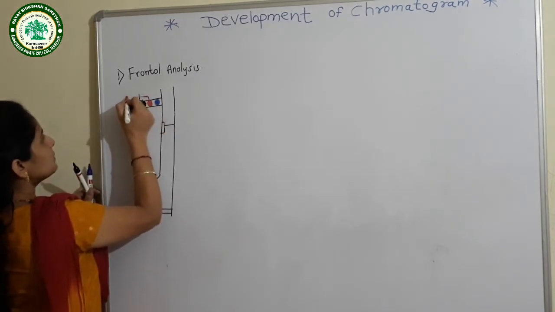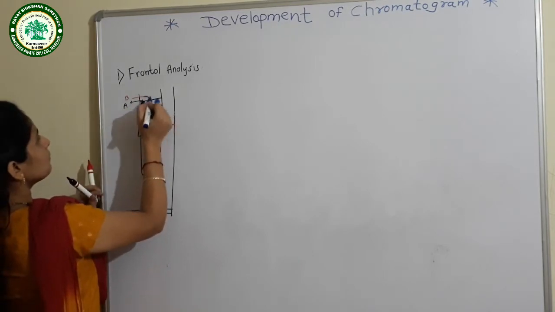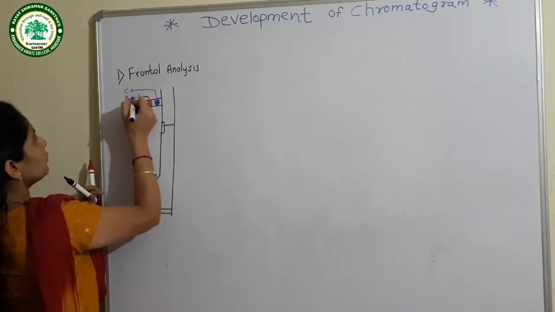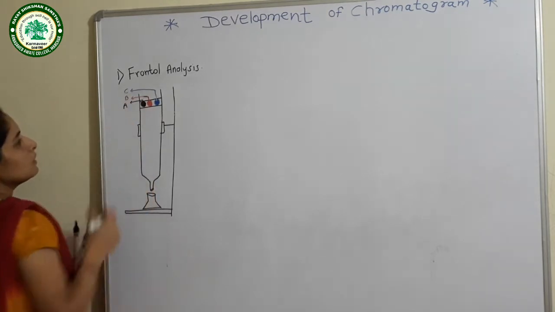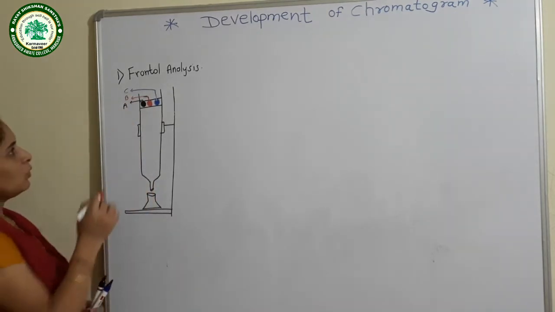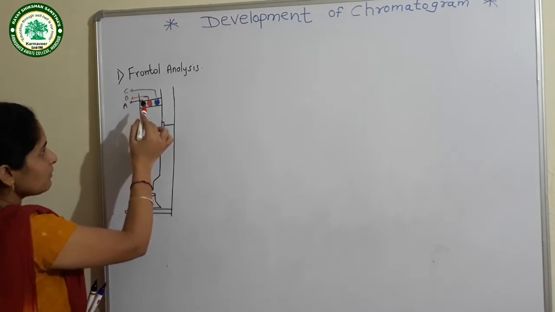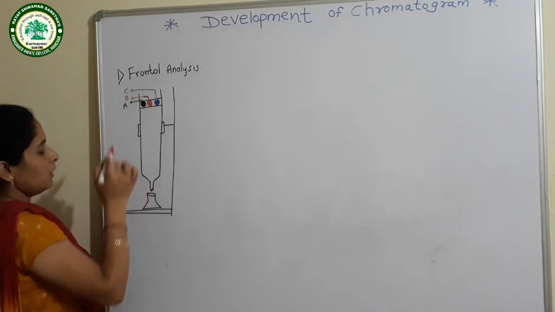Red color is B component. And this blue color is our C component. Now we pour this mixture of the components, our sample, over the column.